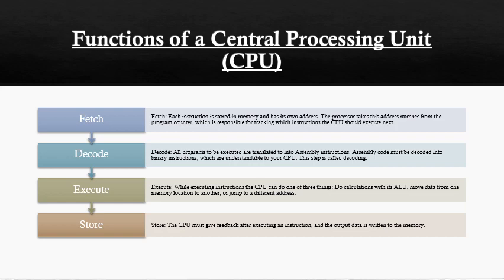While executing instructions, the CPU can do one of three things: do calculation with its ALU, move data from one memory location to another, or jump to a different address. The last step is storing. The CPU must give feedback after executing an instruction, and the output data is written to the memory.